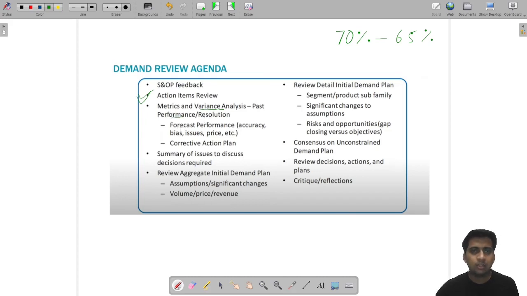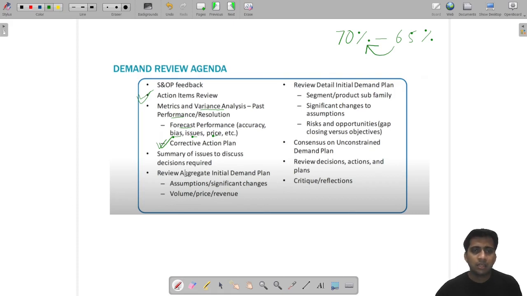So what kind of KPIs? Forecast performance, bias, what are the different issues, price changes, what can be the corrective action plan. So this is very important. Many times there are demand review processes in the organization, but not much actionable outcome comes out of the demand review. So this step needs to be taken here, with a corrective action plan on how the metric, like the example we discussed, can be brought back or improved again.